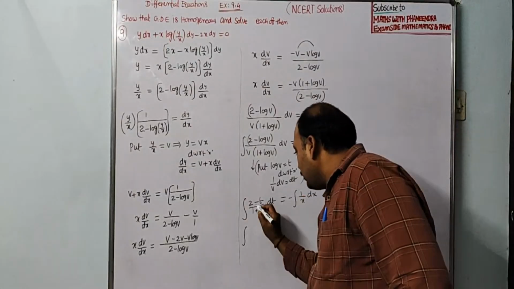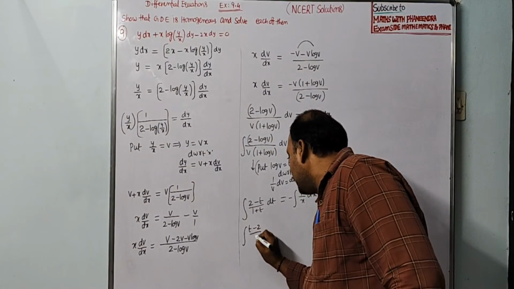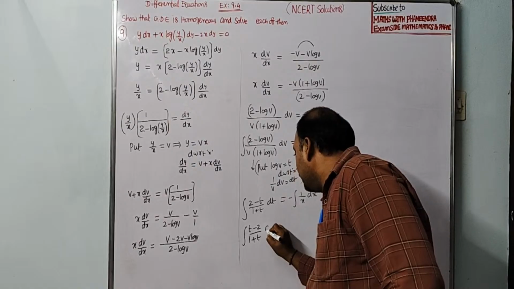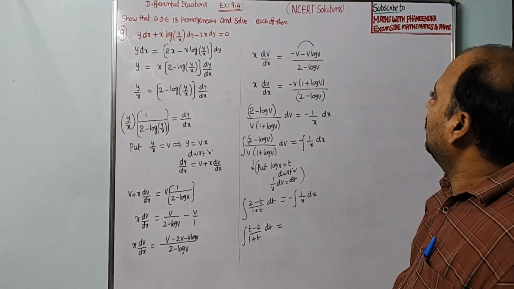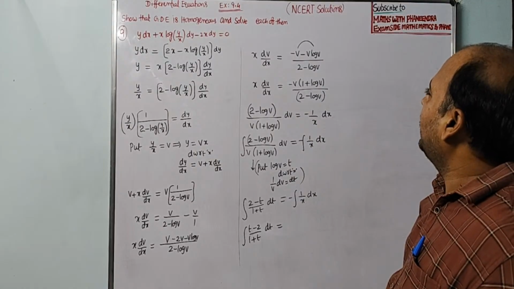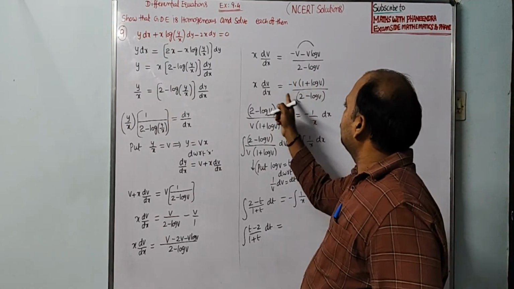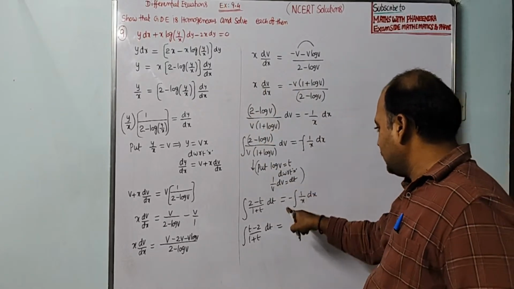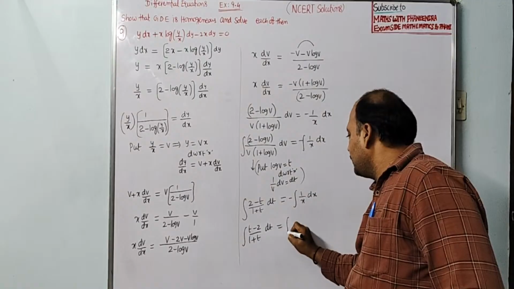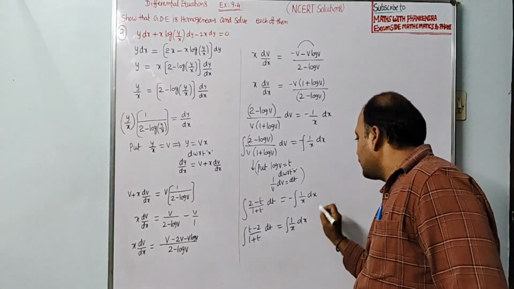So we can write it like this: (t minus 2) by (1 plus t) into dt equals integral 1 by x into dx, having taken the minus.